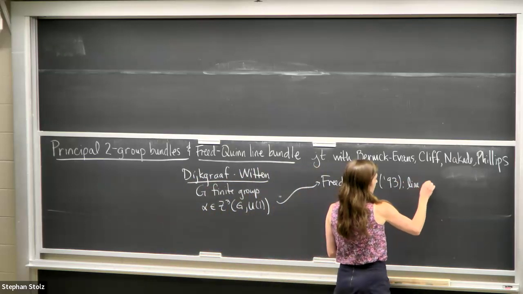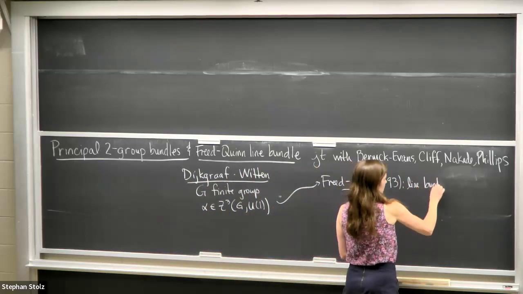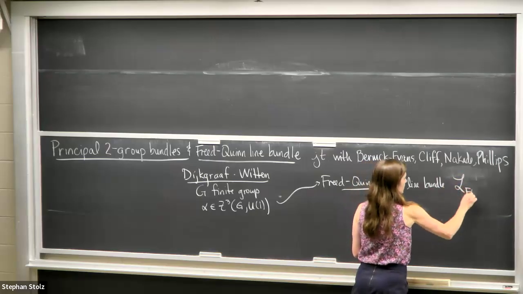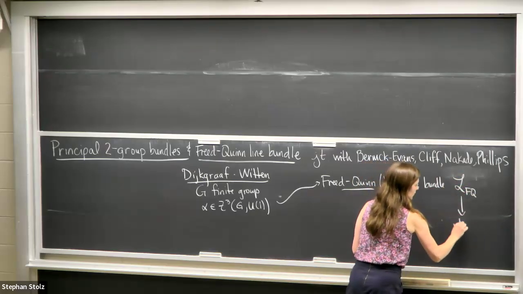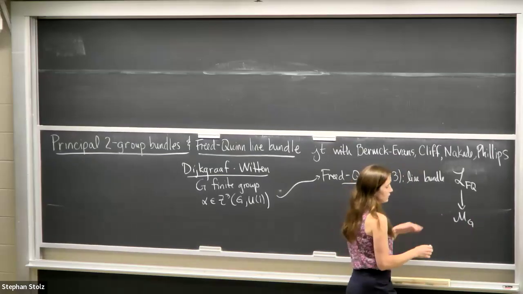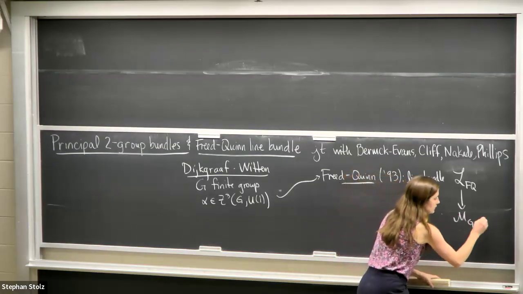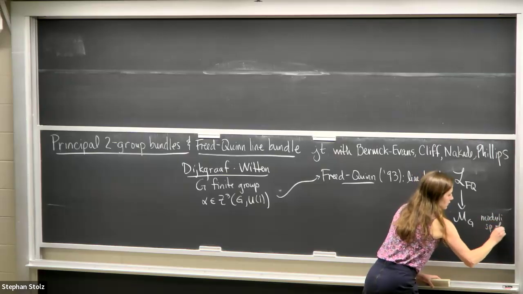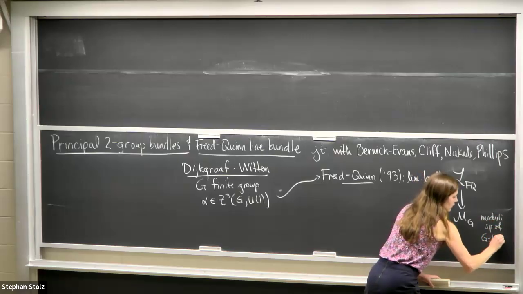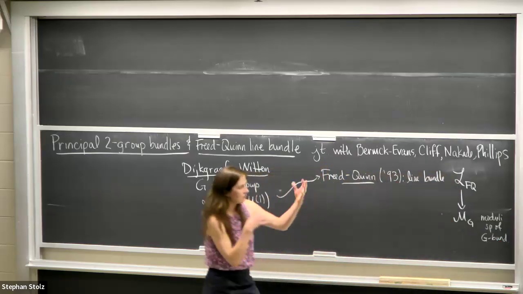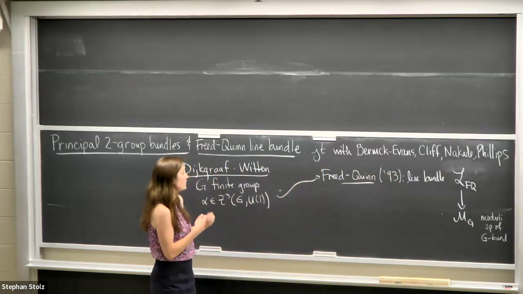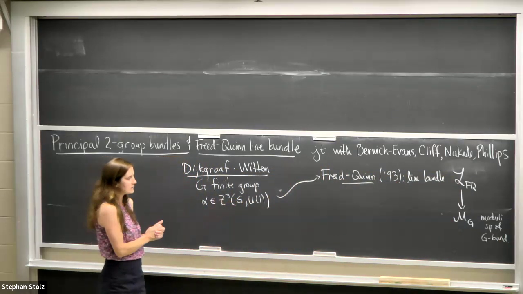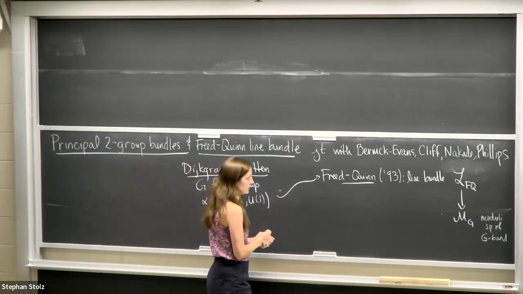So they define this line bundle over the moduli space of G-bundles on Riemann surfaces. This is their intermediate step for describing what Dijkgraaf-Witten theory assigns to a surface.